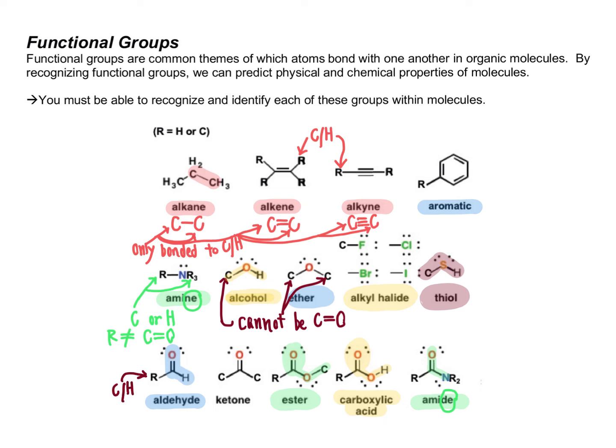Ketone is related to an aldehyde but distinct in that a ketone has a carbon-oxygen double bond that's directly bonded to two carbon atoms. So in the case of an aldehyde has a carbon-oxygen double bond that's bonded to a hydrogen on one side and carbon or hydrogen on the other. Ketone has to have a carbon on both sides here in order for that to be described as a ketone.